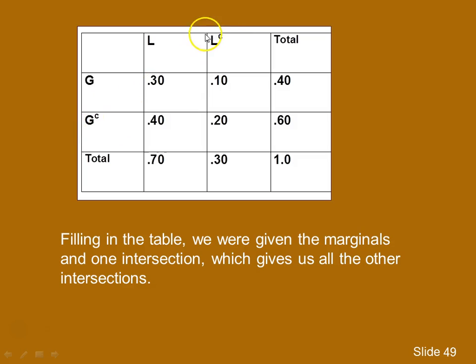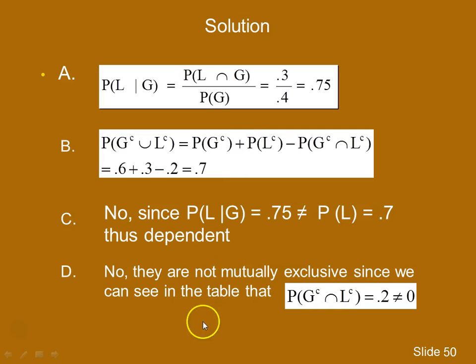Short antenna is L complement. The intersection of those two is right there, where the row and column intersect. That intersection is 0.2, which is not equal to 0. So as long as this number right here is not equal to 0, they are not mutually exclusive. So since the intersection is 0.2, which is not 0, no, they are not mutually exclusive.